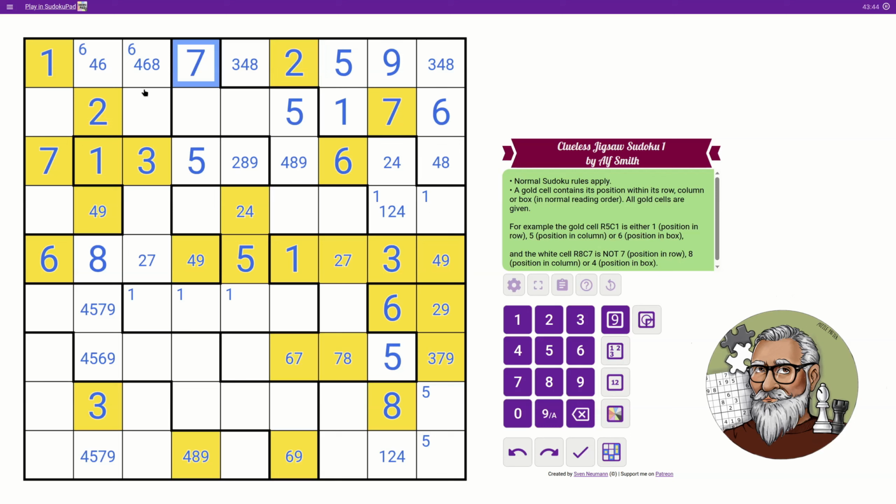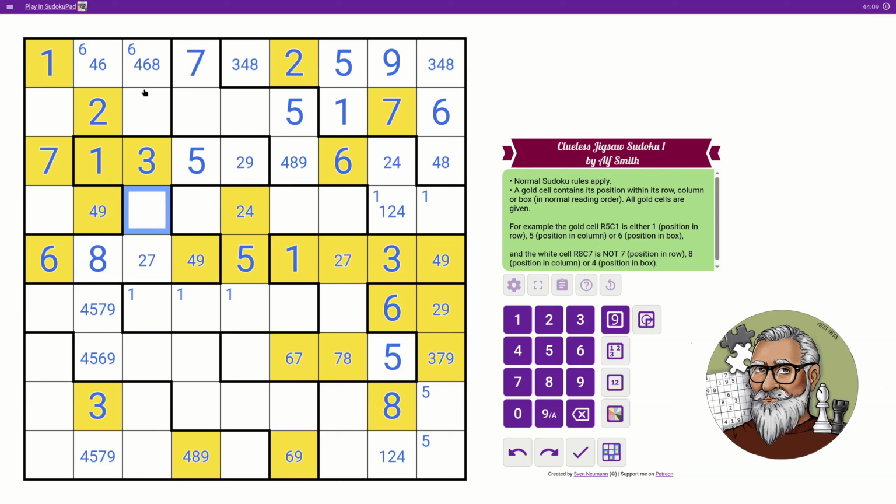Should have, could have, whatever. Doesn't help. Right. So now I have a 7 here. How does that help me? Oh, this one isn't an 8. This one isn't an 8. It's a 2 or a 9 because of that 8 here.